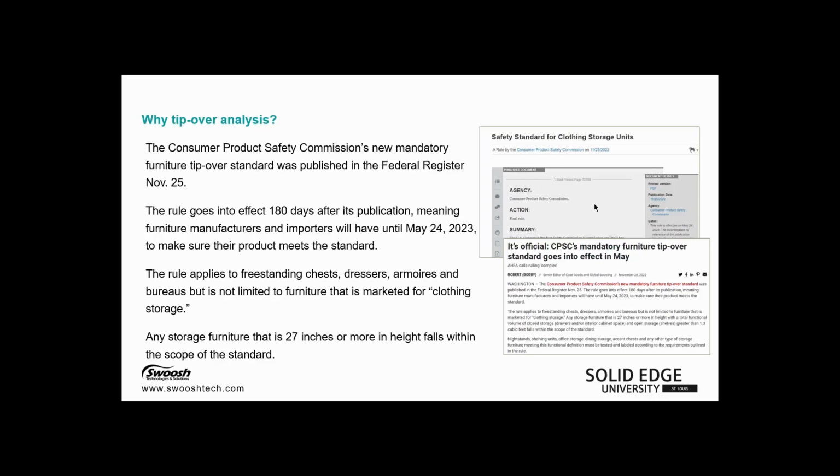The rule applies to pretty much every freestanding chest, dresser, armoire, bureau, and so on. Any storage furniture that is 27 inches or more in height falls into the scope of this standard. So that's why furniture manufacturers are really concerned about this, and they're looking for solutions to test their designs beforehand and come up with appropriate solutions to meet the standard.